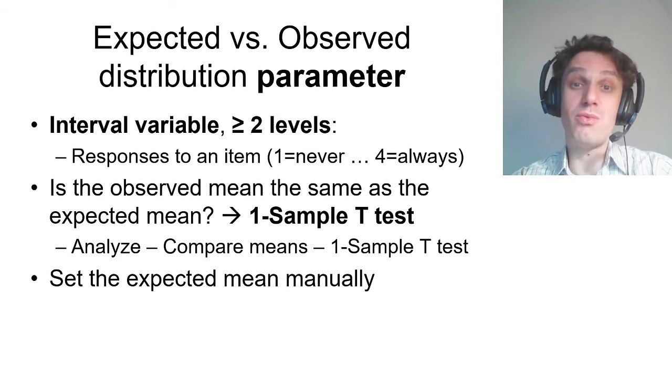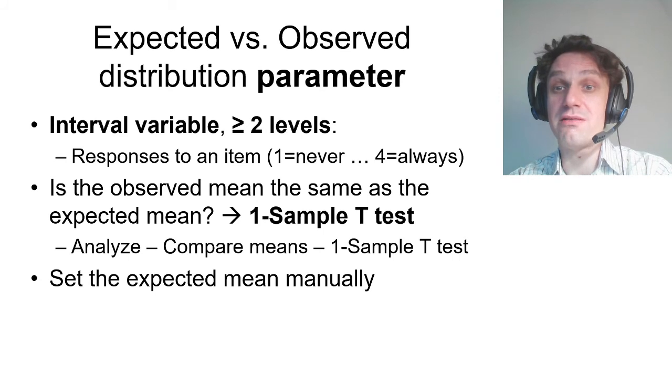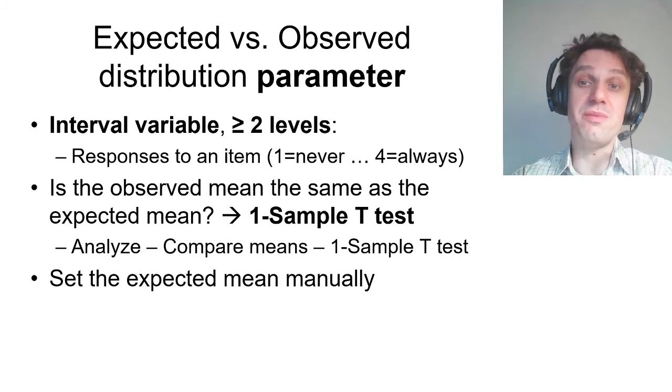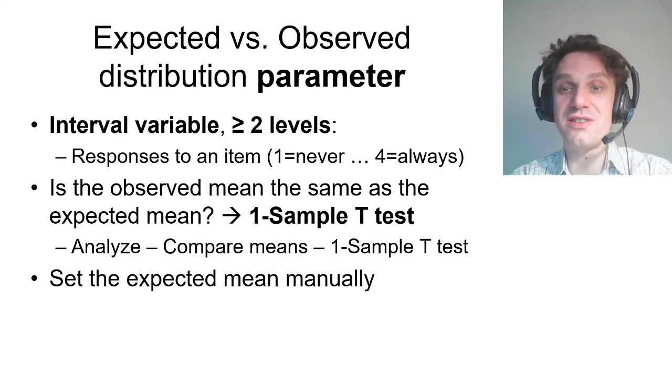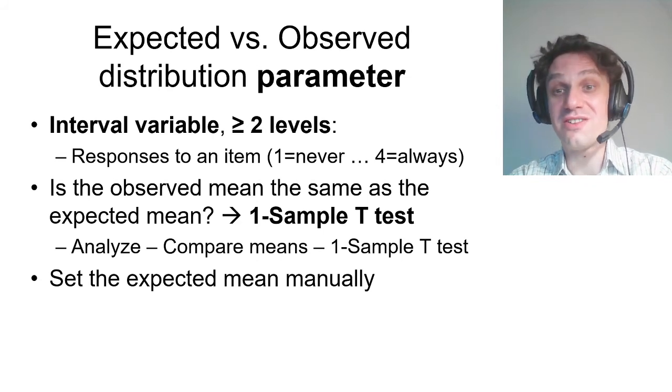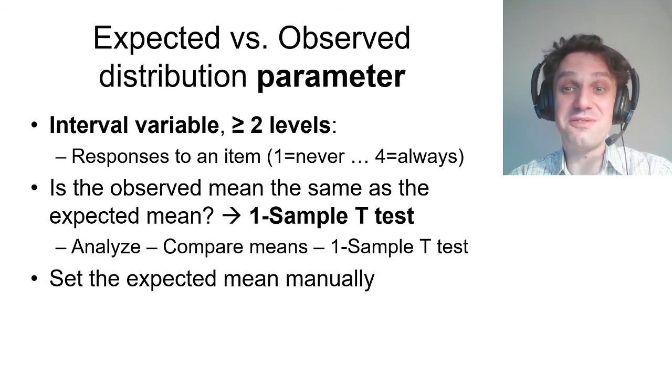And some one-sample tests can compare your observed distribution to a population with an expected distribution parameter. For example, is the mean score that I'm seeing in my sample statistically different from an expected mean in the general population?